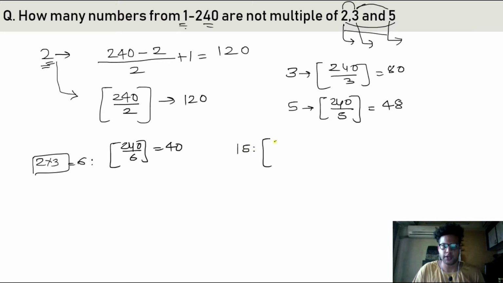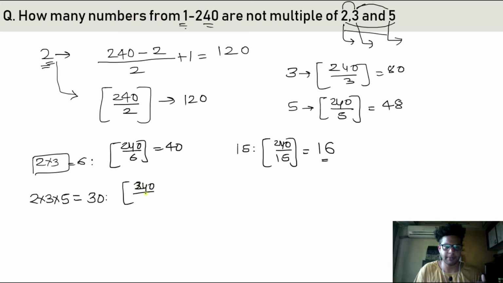It would be 240 divided by 15, which is 16. Now we need to consider all three at once, which is 2 into 3 into 5, which is 30. So the number of multiples of 30 would be 240 divided by 30, which is 8.